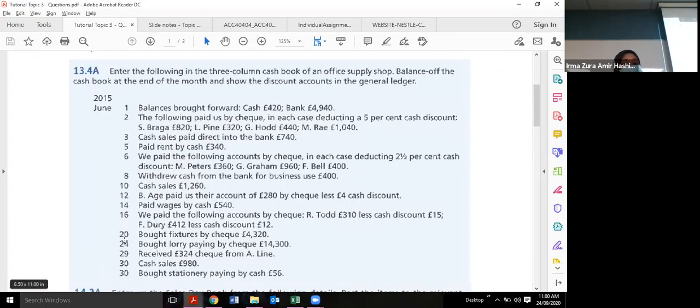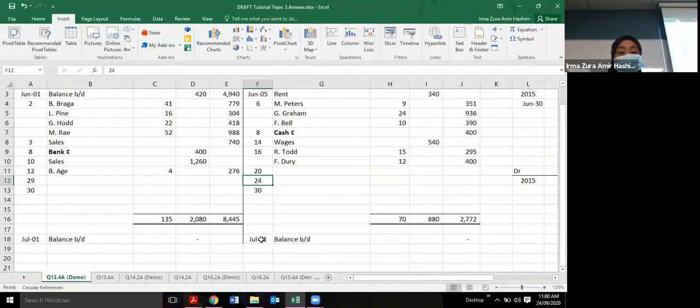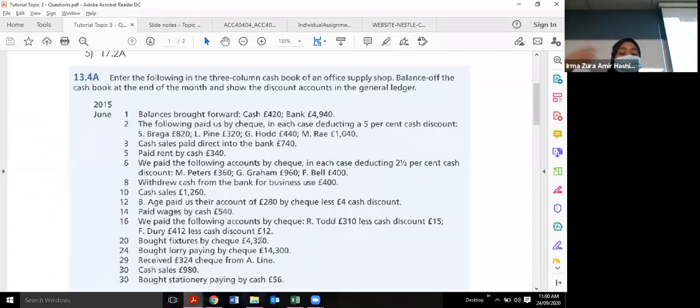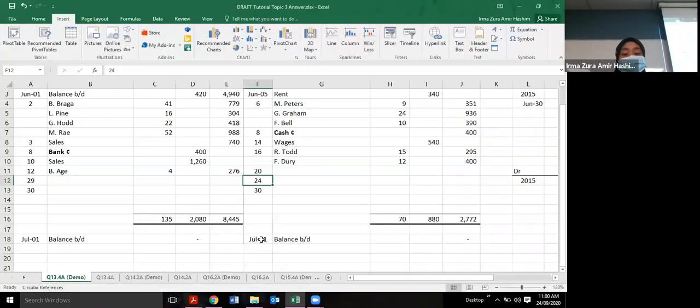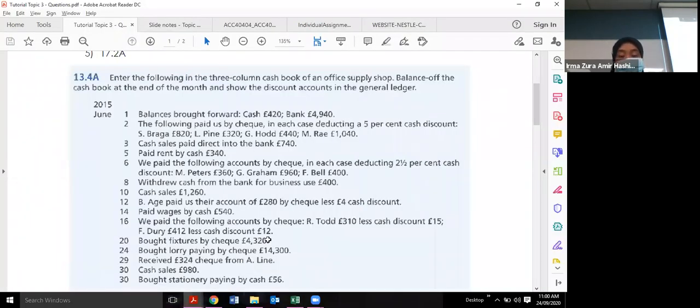Okay, and then 20th June, bought fixtures by check. So here fixtures also is payable by check, so it will reduce. So here the contra one will be fixtures, by bank, 4320.